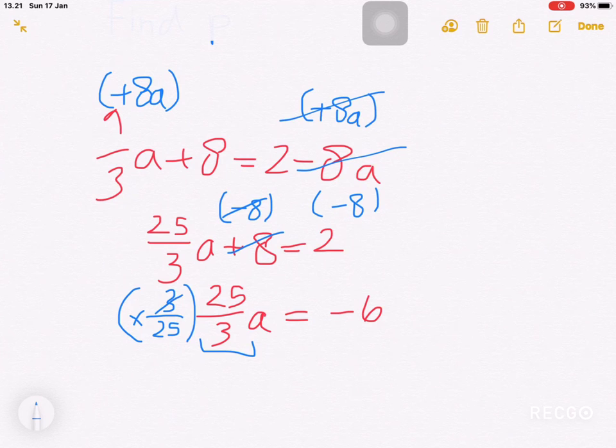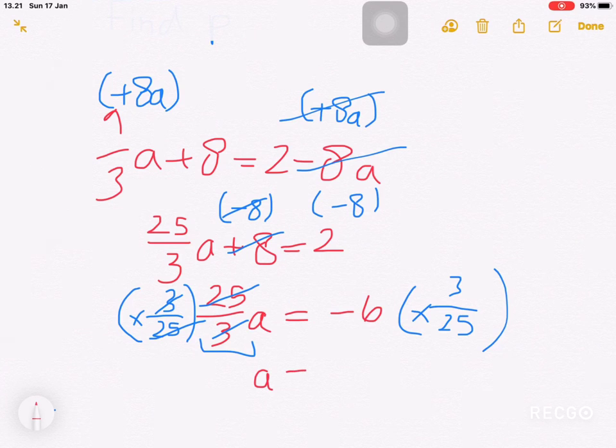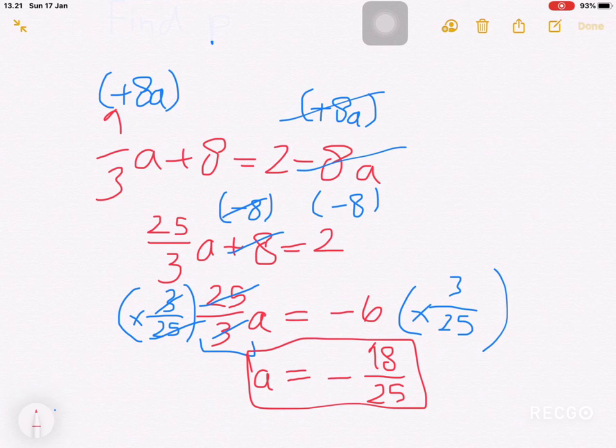So notice 3 will cancel, 25 will cancel, and don't forget we need to do the same thing right here. And we're left with our final answer: our a value will be equal to negative, I'll just put the negative all the way in the front, 18 over 25. There we go. This is our answer for the A part.